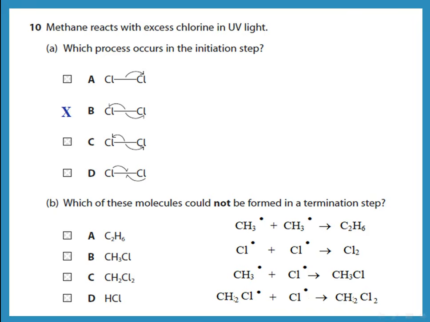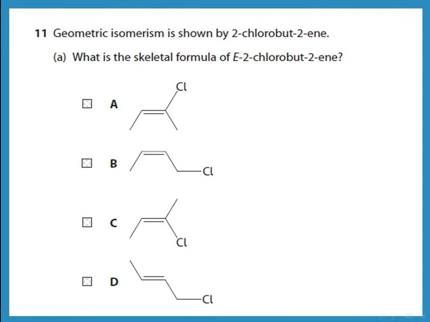I could have two methyl free radicals, and that gives C2H6, or two chlorine free radicals, and that gives Cl2, or one methyl and one chlorine, and that gives CH3Cl. Or if we had excess chlorine and two of the hydrogens replaced by chlorine, we could end up with a molecule that has two chlorines, CH2Cl2. Which of these could not be formed in a termination step? A termination step would never give HCl. The HCl is formed in the propagation step, not in the termination step.